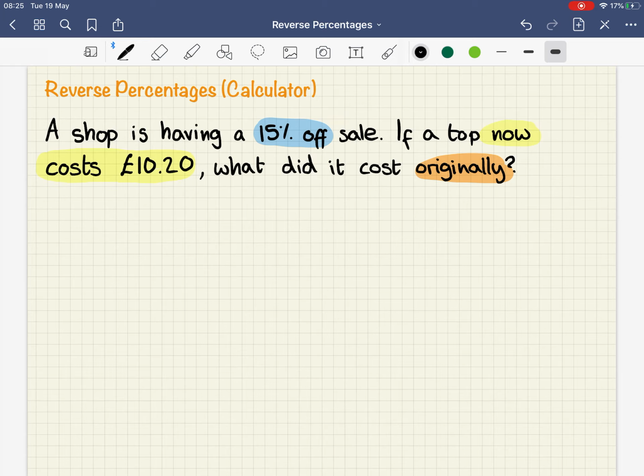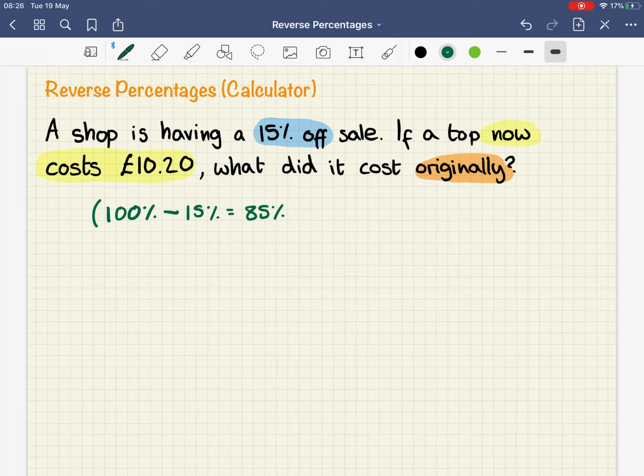So the first thing, we are not just going to find 15% of that £10.20. We are told it's a 15% off. So every value always starts at 100%. We have now taken off 15%. So we now have 85%.